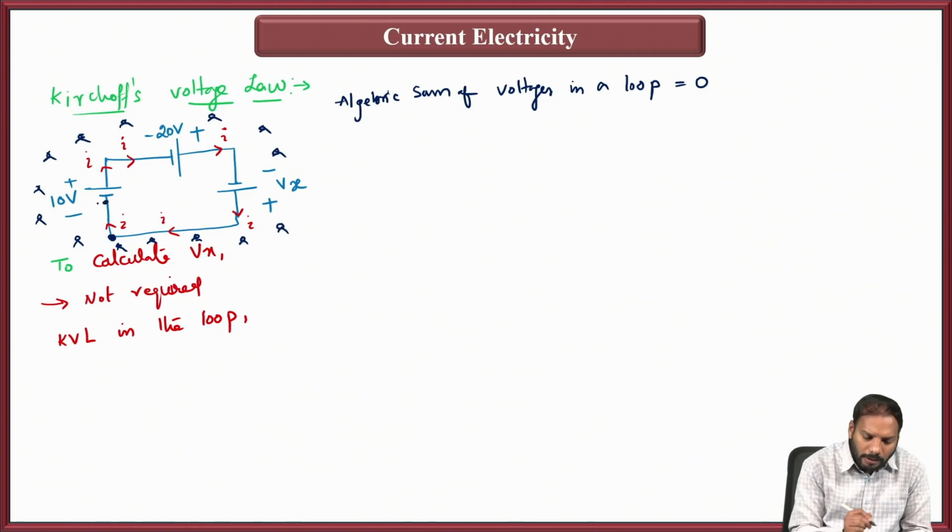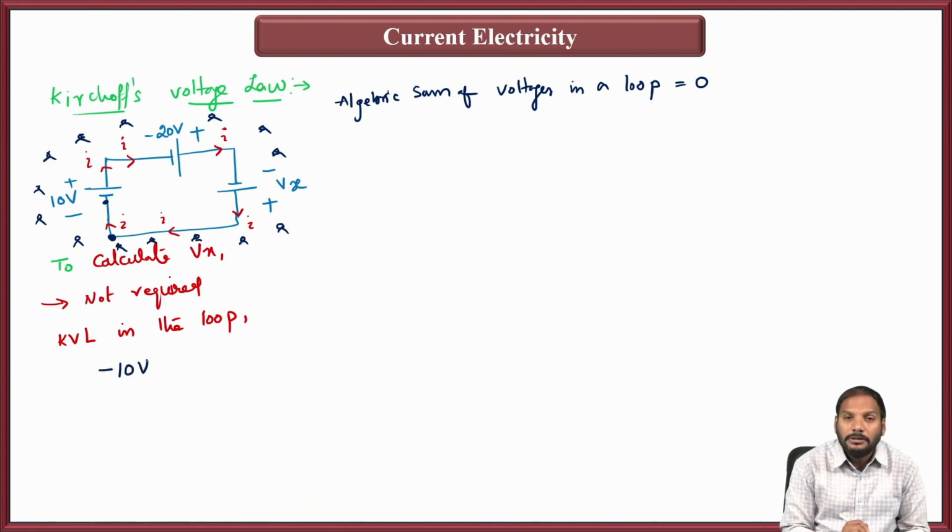Once you reach this point, you're touching the negative terminal of the 10 volts battery first, so you consider minus 10 volts. Then you walk ahead, and once again you're touching the negative terminal of the 20 volts battery.